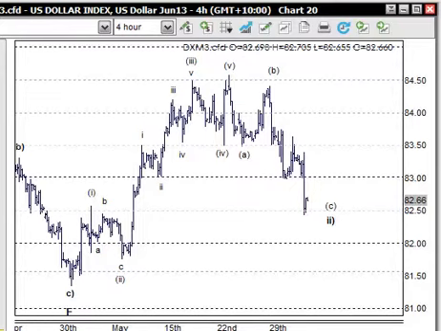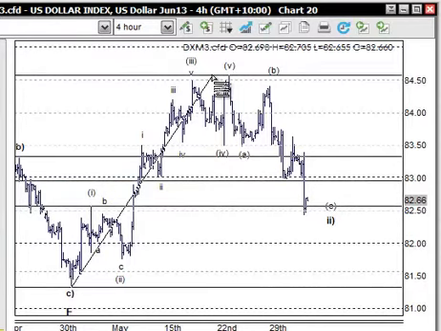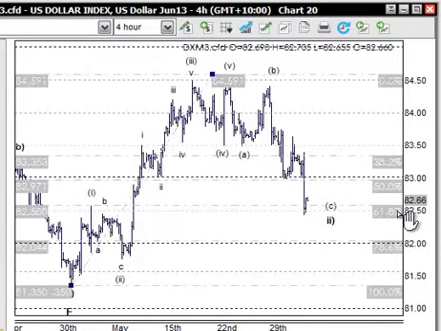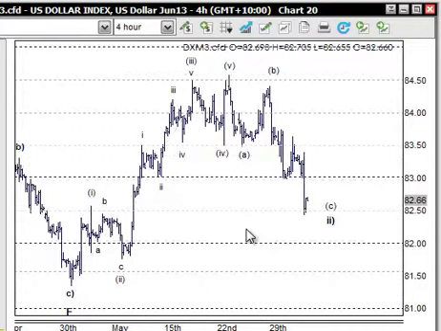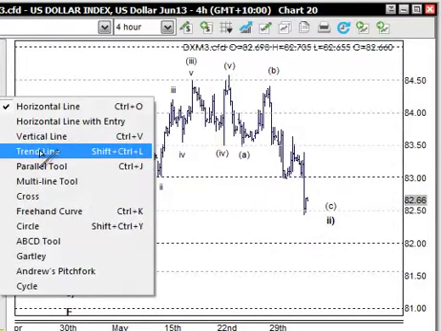Okay, just revisiting the US dollar here. As I mentioned, we were looking for a 61.8 retracement level from this 5-wave structure to the upside, and you can see that's around the 82.50 area here. The wave structure to the downside, this quick move down through here, would indicate that there is further to go.